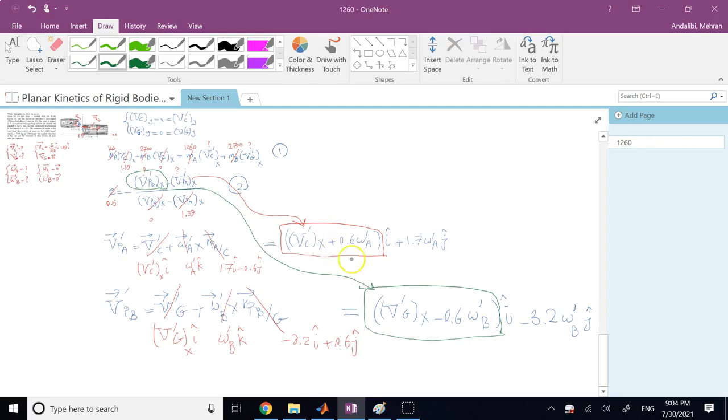So now if you plug in these two into equation 2, your equation 2 looks a little bit better.